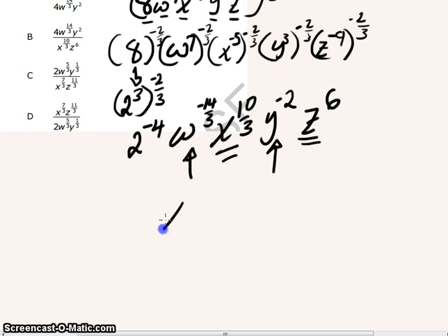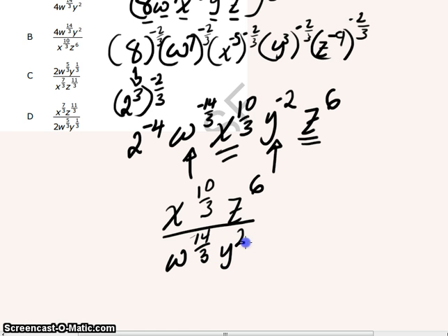So let's start with that one. x to the power of 10/3, and then z to the power of 6, divided by... Now when we bring down -14/3, it becomes positive, so we have w to the power of 14/3, and we have y to the power of 2. So as you can see, the negative exponents become positive once I write them in a fraction.